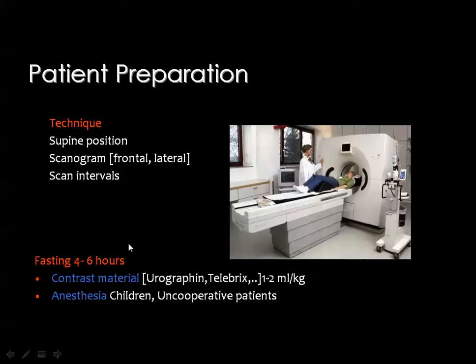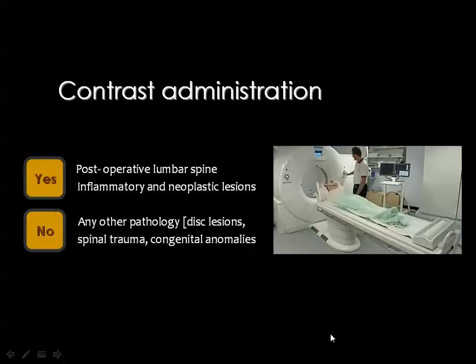In order to have the CT scan of the spine, we put the patient in the supine position on the CT machine, and we have the scanogram in the lateral view, and we start to prepare to decide if the patient is going to be injected with contrast medium or not.